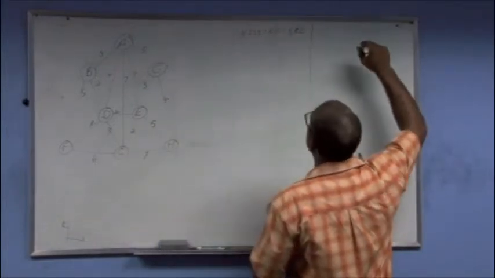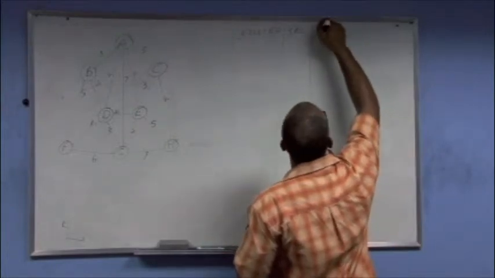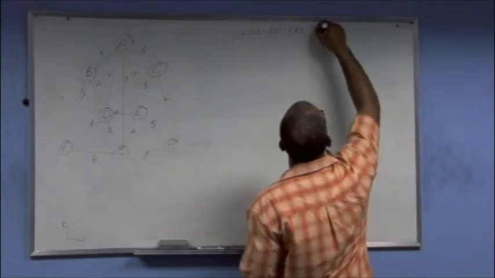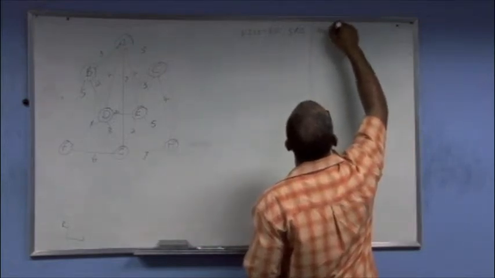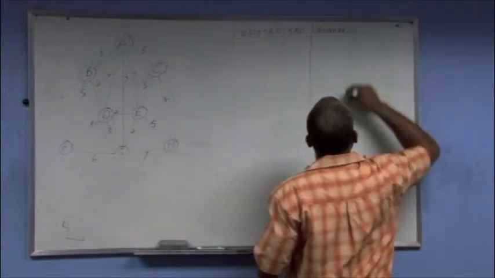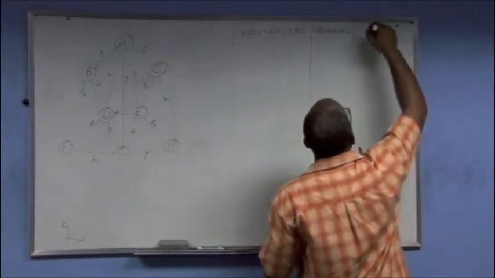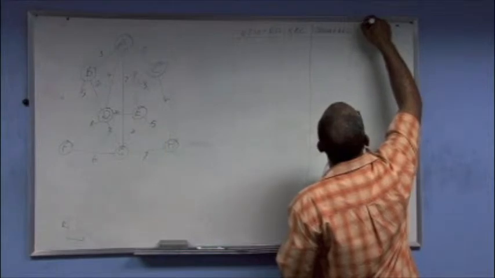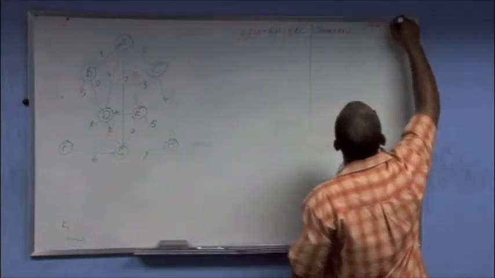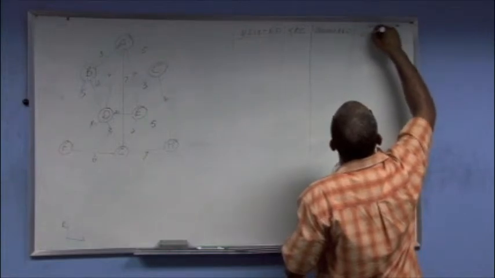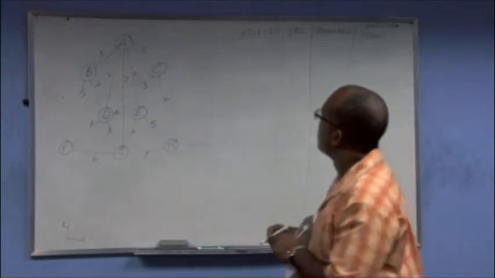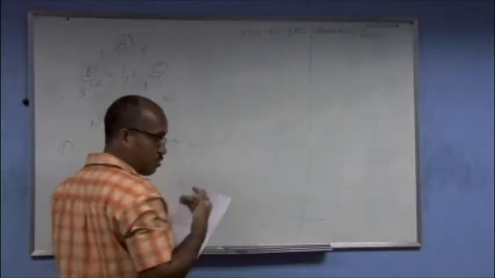Then we're going to make note of the new nodes that we've discovered. And then we have our candidate edges. So what's the SRC? Source. So we're going to start visiting from A. The question said we should.